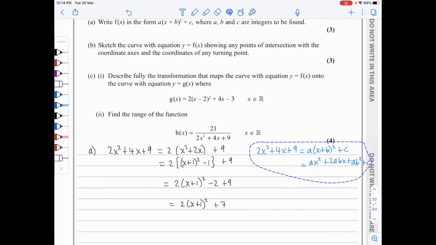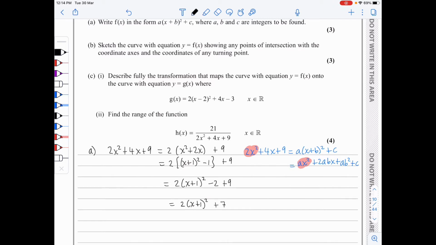So if we just compare now the coefficient of x squared, we get that 2 is equal to a. So a is 2. We could also compare the coefficient of x, so 4x with 2abx. So 4 is 2ab, and knowing that a is 2 leads to 4 is 4b, so b is 1.